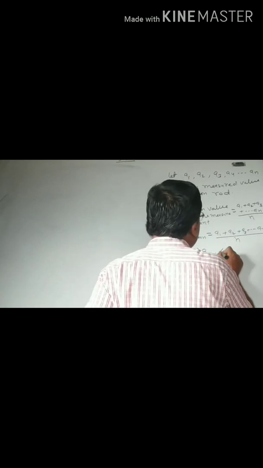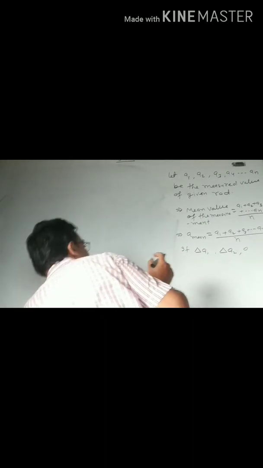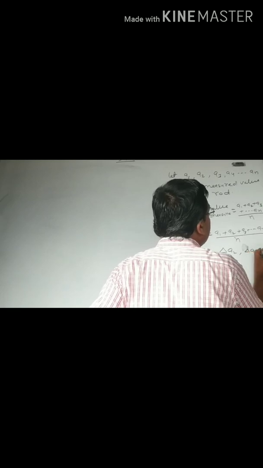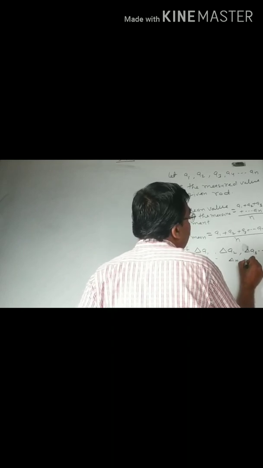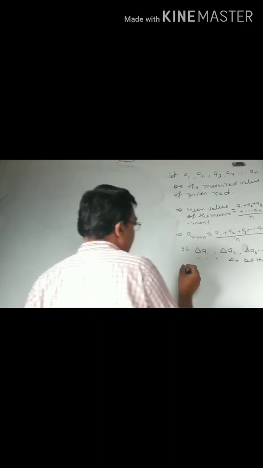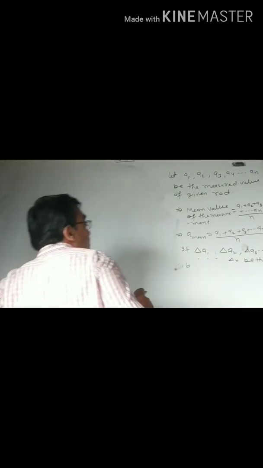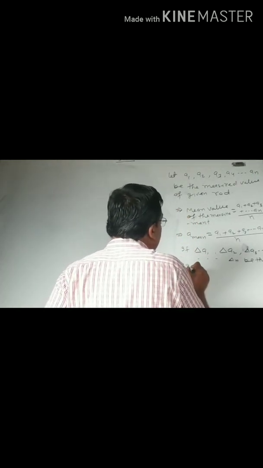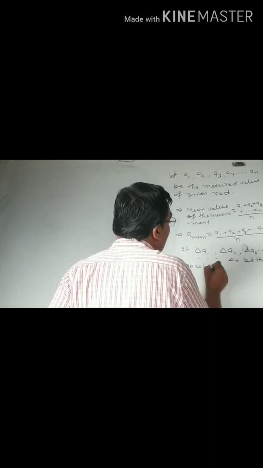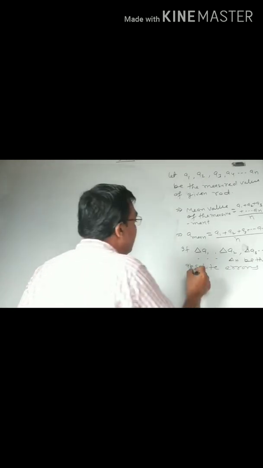Delta A1, delta A2, delta A3, delta An be the absolute errors respectively.